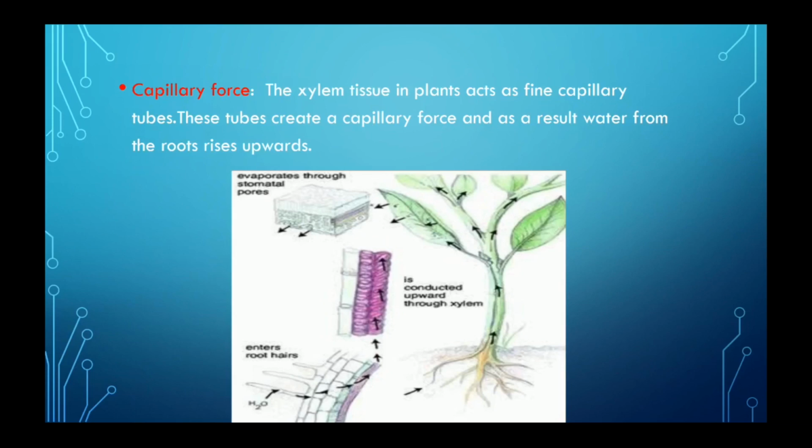This rising up of water is the capillary action. It makes a column by which water ascends, and this is how the capillary force works in plants. Xylem tubes are in contact with the root cells, and by these root cells the xylem vessels make a capillary action, and this is how water and minerals ascend in plants.